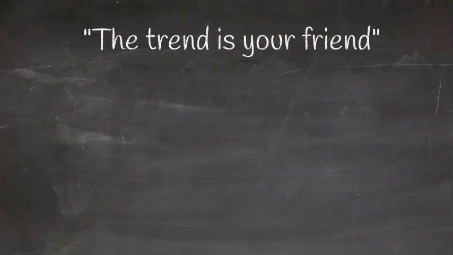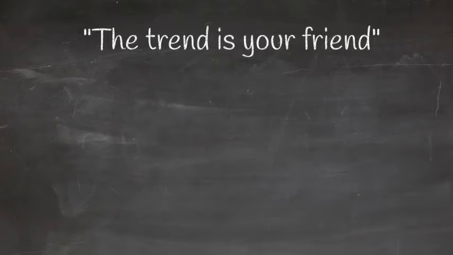Now, one more thing that I want to cover in this video is to suggest that you always trade with the main trend. Okay, there's a saying, the trend is your friend. You should always keep that in mind. Now, that's great, but how do we find out where the trend is going? Well, the easiest way I know is to go to a higher time frame than the one you're using.